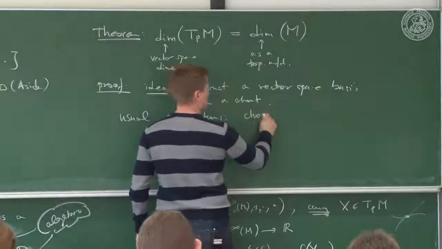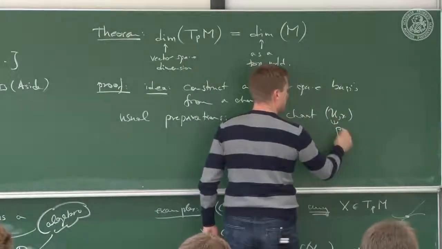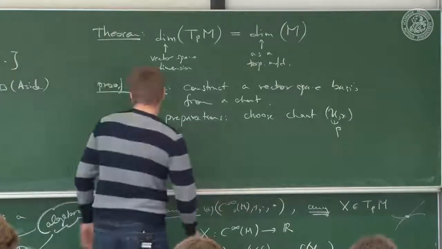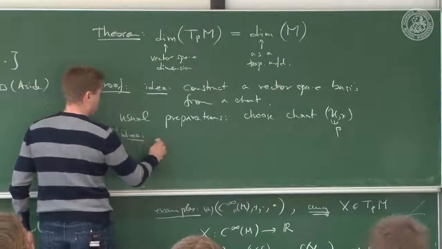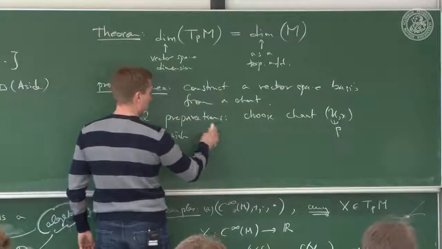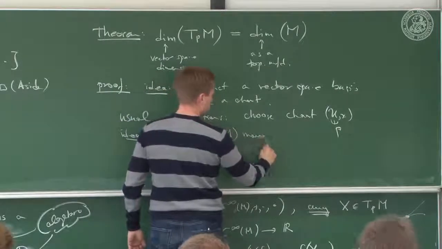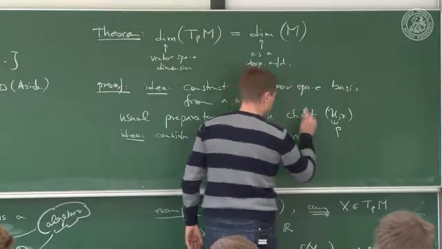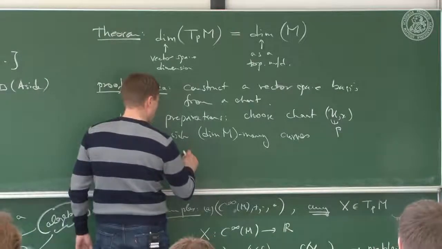You choose a chart (U, x) that contains the point of interest, the tangent vector space of interest. And now the idea is, consider dim M many curves, bad English but very clear, and these curves are called gamma (A).